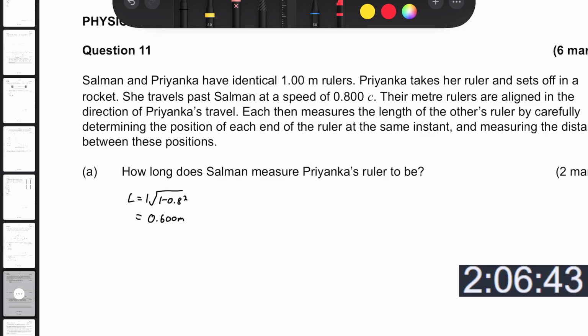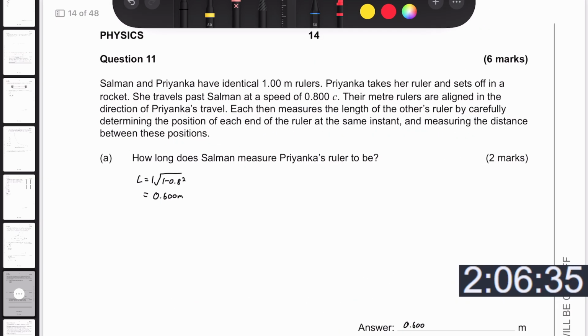Each then measures the length of the other's ruler by determining the position of each end of the ruler at the same instant, measuring the distance between these positions.